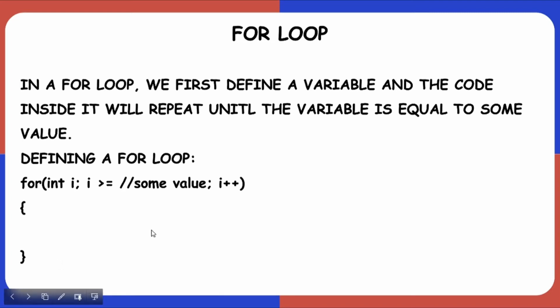And every time it checks and it increases or decreases that I, the code given inside this bracket gets executed. So that's it for the for loops, and we'll get a better understanding of this when we write the code inside of Visual Studio. So now let's move on.